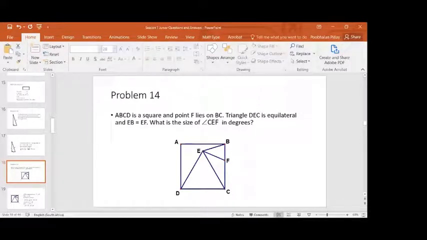So problem 14 is another geometry problem. By the way, I didn't mention this, but it would have been on the first page of the questions. These problems are all last year's junior second round.